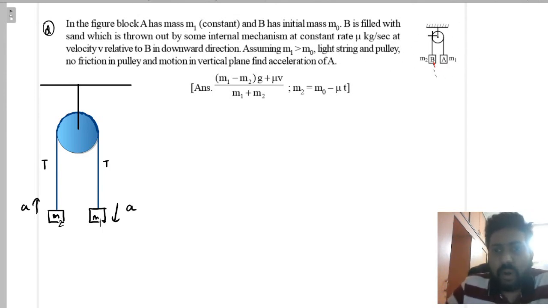Now let us draw this figure here. Because it is given that the pulley is ideal, the system is ideal, so let the acceleration of this be a downwards and this will be a upwards. Why?